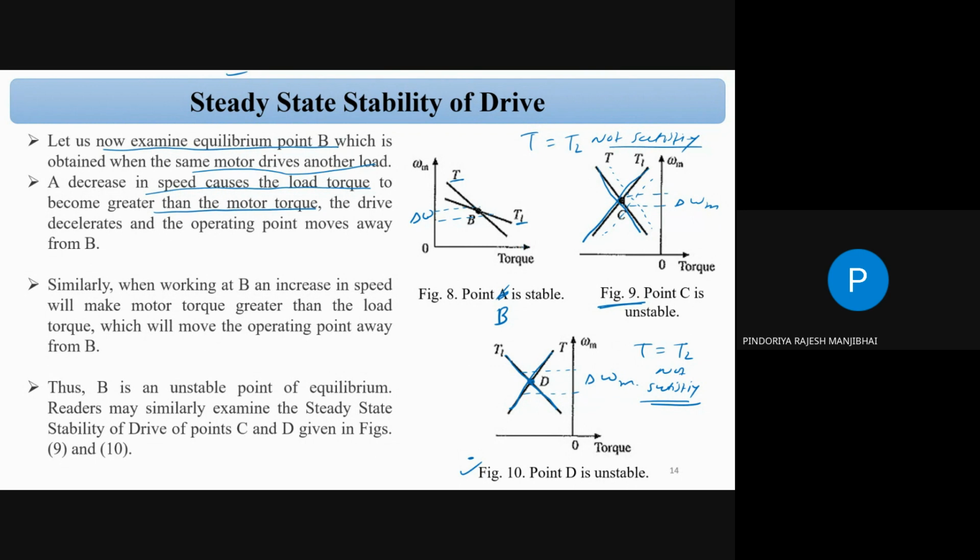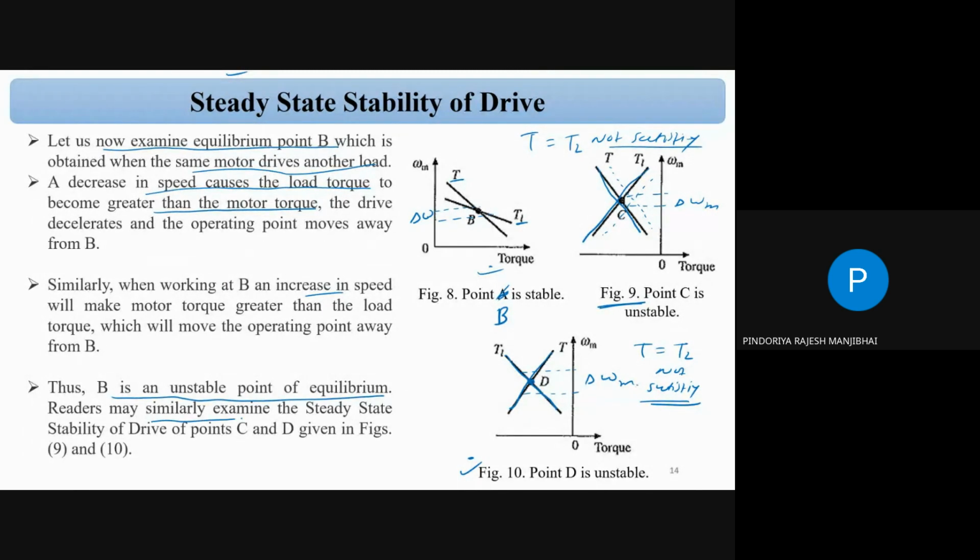If satisfied, then point B is stable. If not satisfied, then point B is unstable. But given the figure and the characteristic, the nature of the load torque and motor torque is satisfied at point B, so we can say it is stable operation.